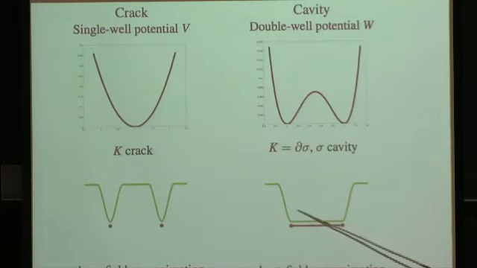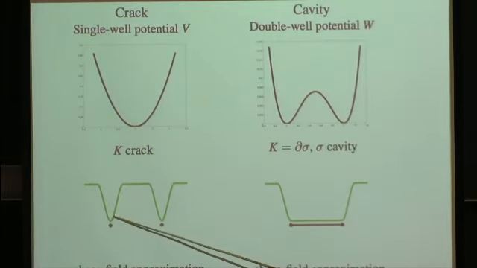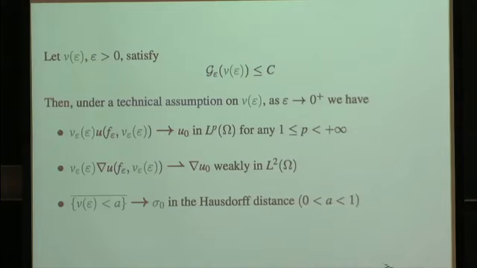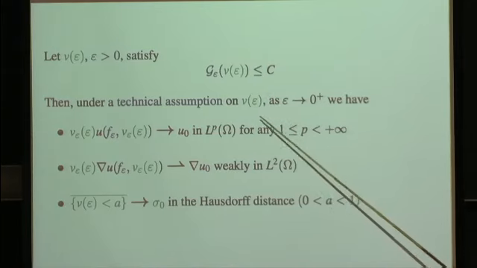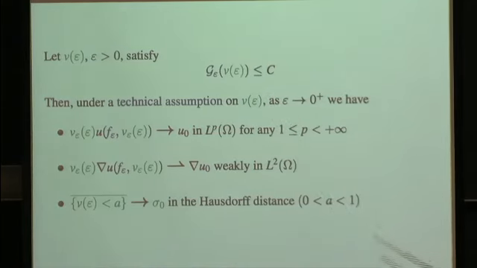So here is where the cavity is, and here is where the cracks are. If you threshold this, it converges to the exact cavity, so you recover the cavity also in this case. Of course, you need this technical assumption, but in any case this is justified by the convergence analysis.